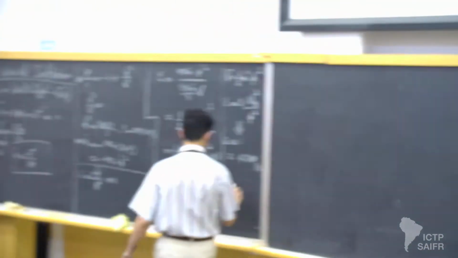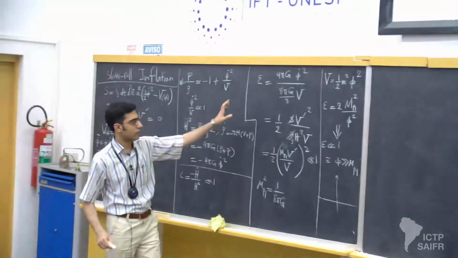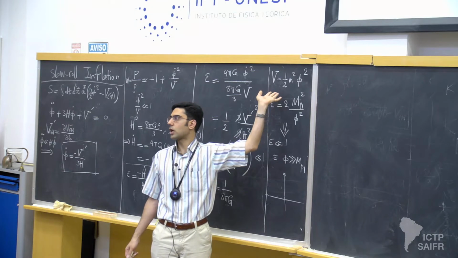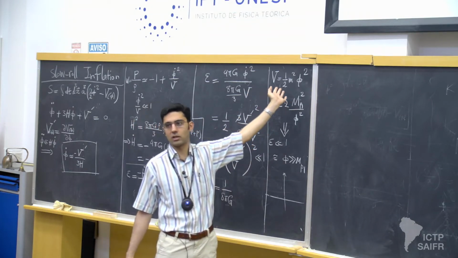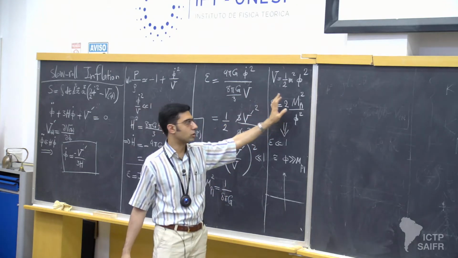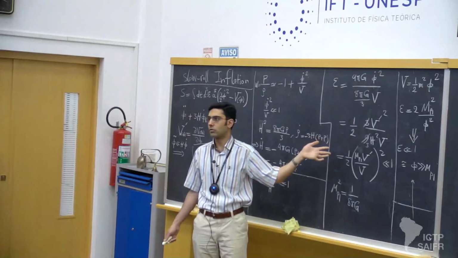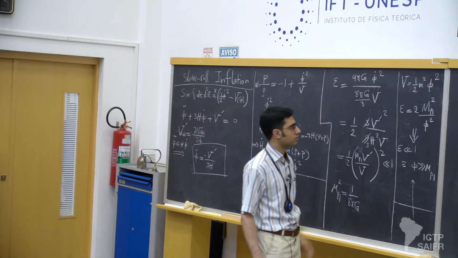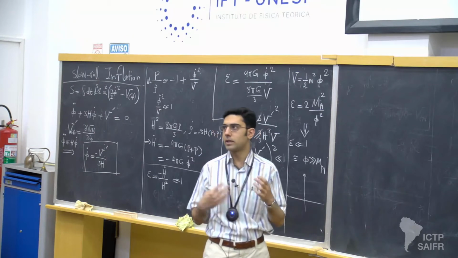But what we see is that if instead of m squared phi squared, I have some other power law, it would be a similar story. If it was something like phi to the p, then if I wanted to look at this ratio, I would get something, again, like M Planck squared over phi squared with some prefactor that depends on this power. But as long as that power is some order 1 number, it is the same story.